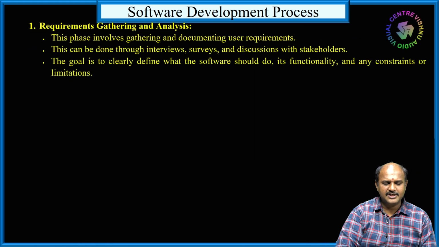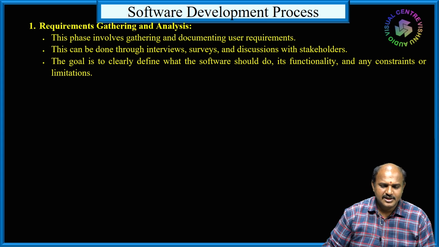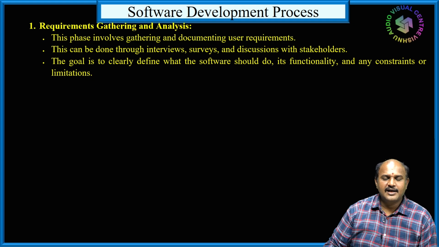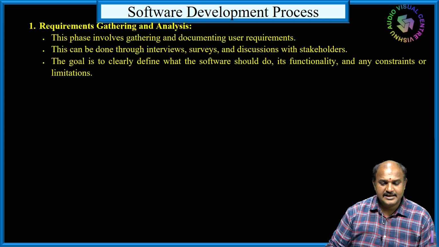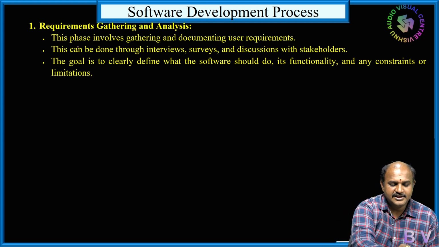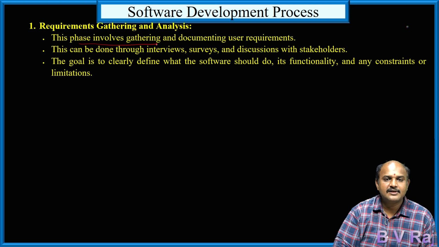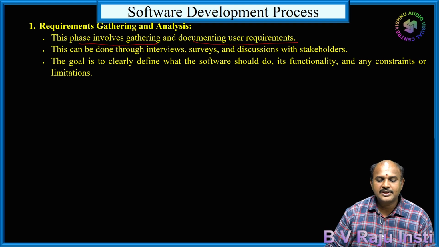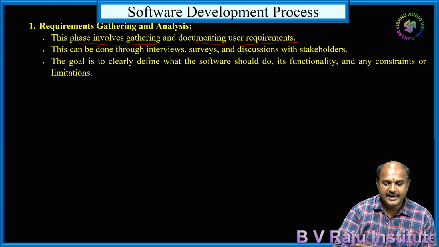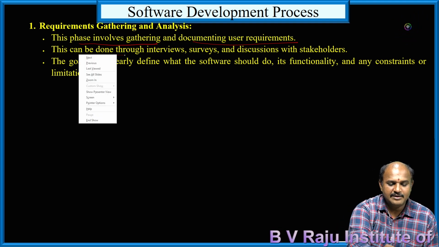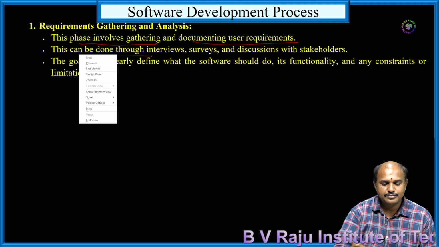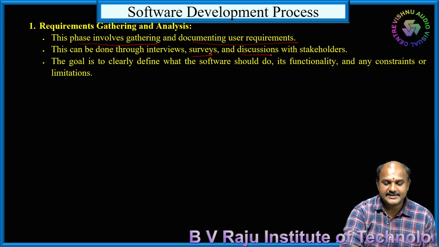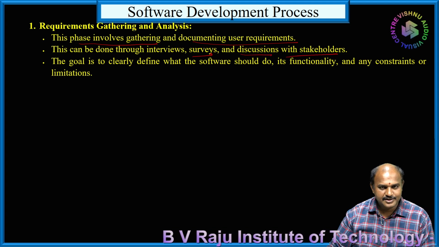Now I am just giving some points here. In the requirement gathering and analysis phase, this phase involves gathering documents of user requirements. It can be done through interviews, surveys, or discussions with the stakeholders.